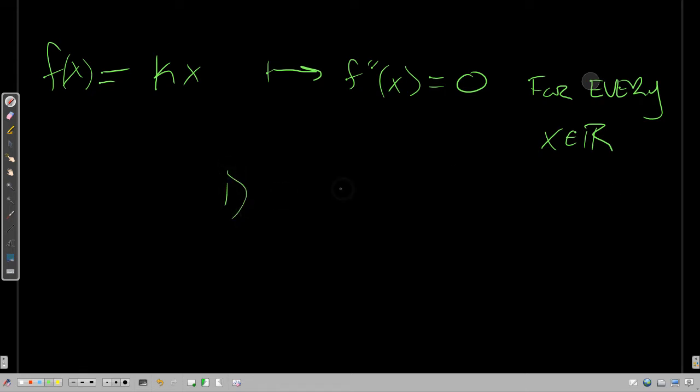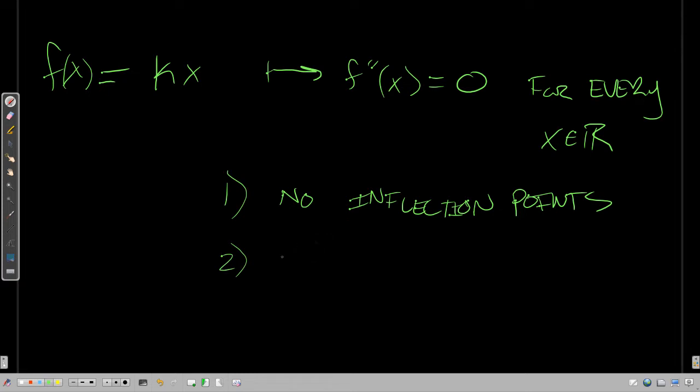So this tells us that, number one, there's no inflection points. Because in order to have an inflection point, not only must you be 0 at that x value, but you also have to change concavity there. And since there's no change in concavity anywhere, there can be no inflection points.